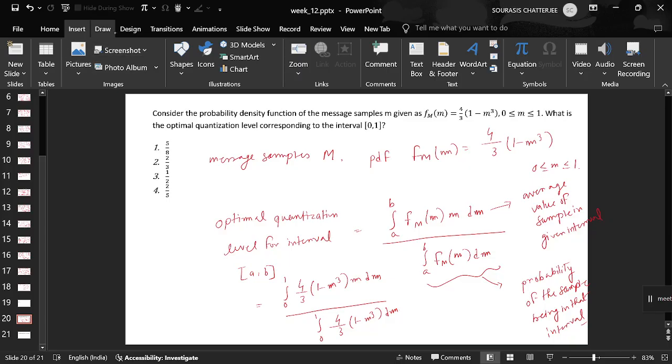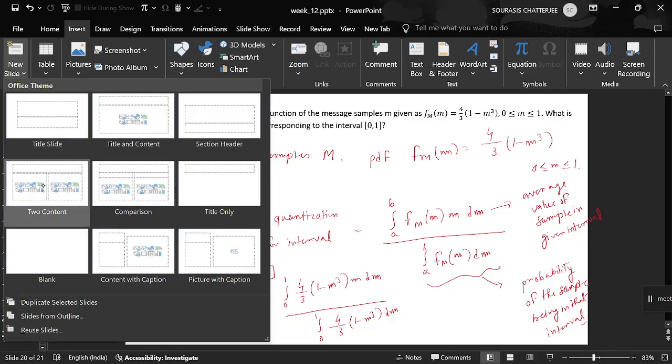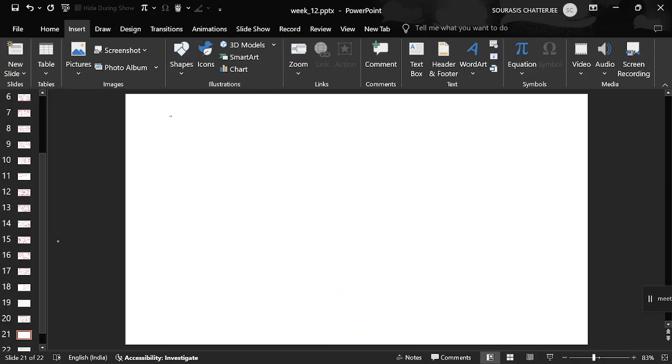So I'll take another slide here. So you obtain integral 0 to 1, 4 by 3, 1 minus m cube, m dm, and integral 0 to 1, 4 by 3, 1 minus m cube dm. So this is 4 by 3 remains outside, 0 to 1, m square by 2.